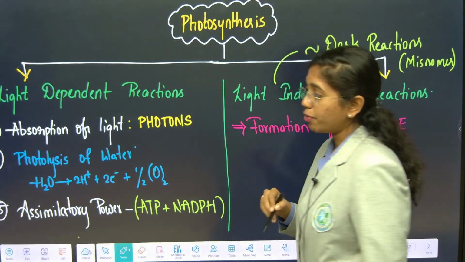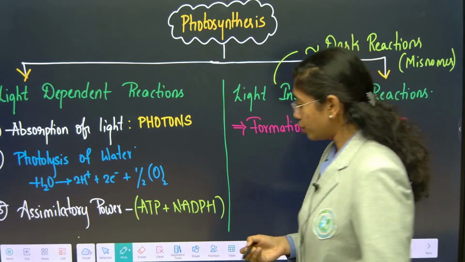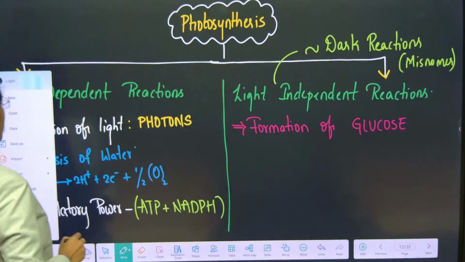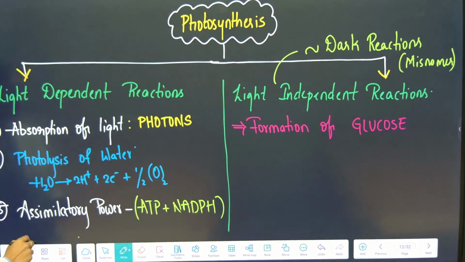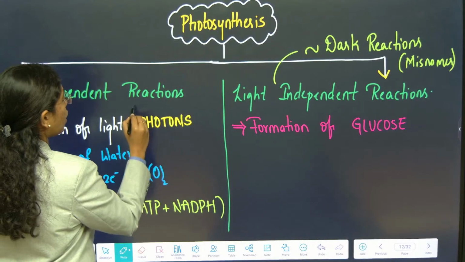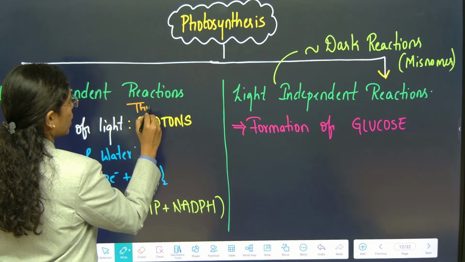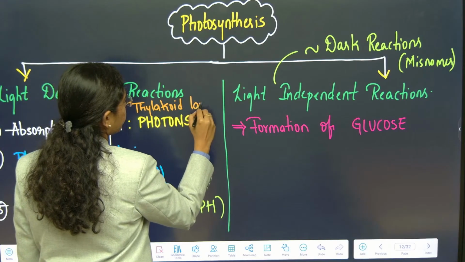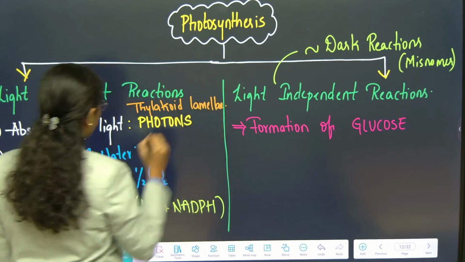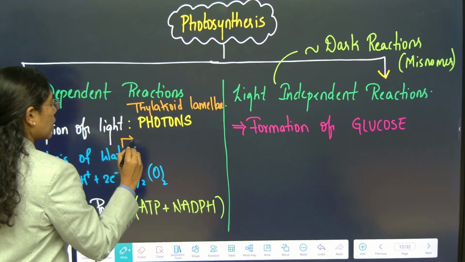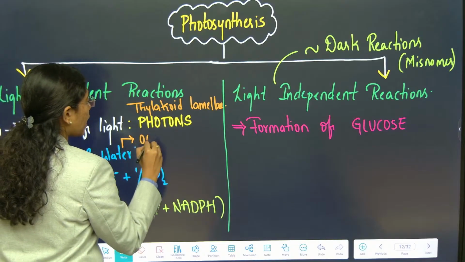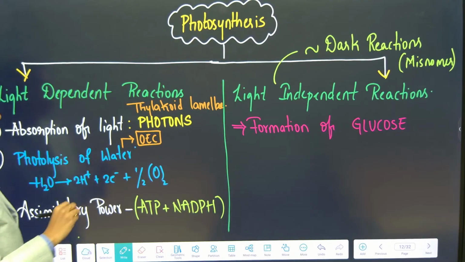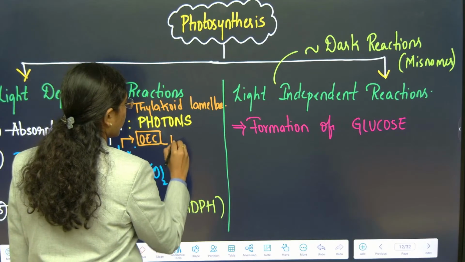Now let us clearly look at the sites or locations of the reactions. First, absorption of light in the form of photons occurs inside thylakoid lamellae. Photolysis of water happens in the oxygen evolving complex, which is on the inner side of thylakoid lamellae towards the lumen.